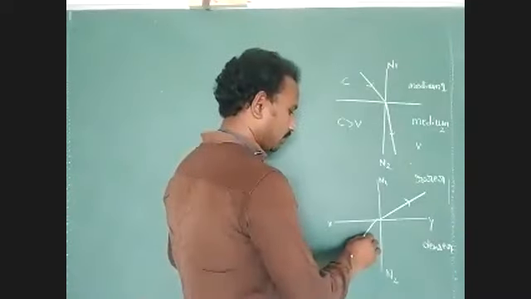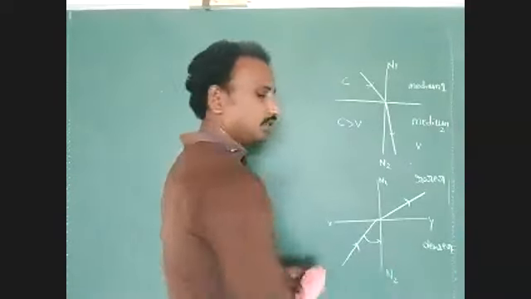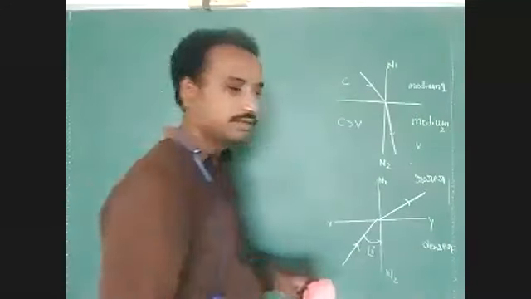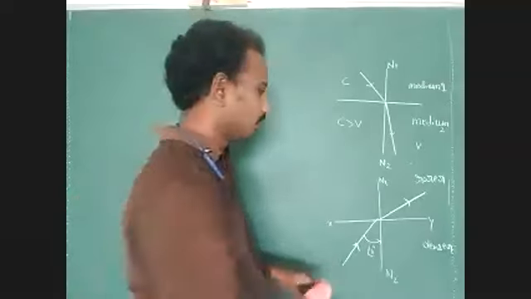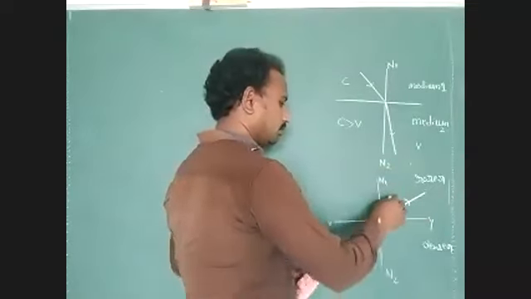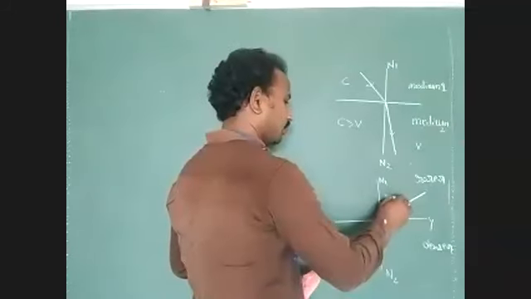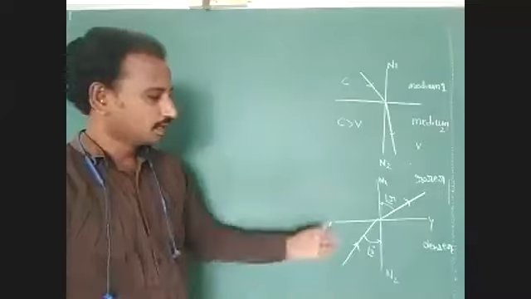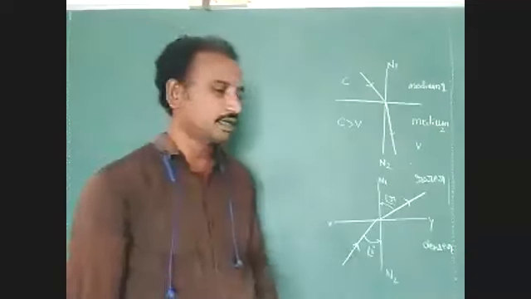The angle between the incident ray and the normal is called the angle of incidence, represented as angle i. The angle between the refracted ray and the normal is called the angle of refraction, represented as angle r.